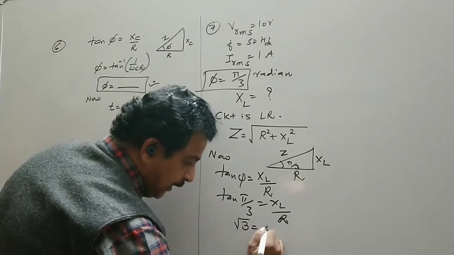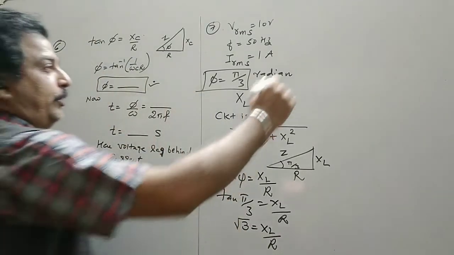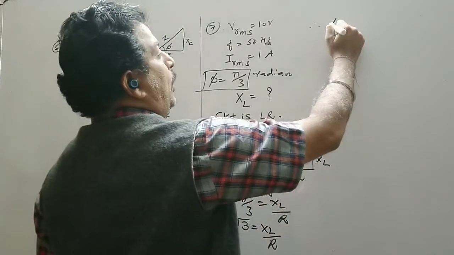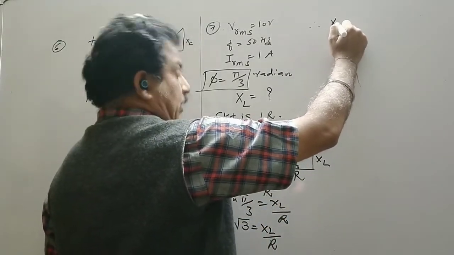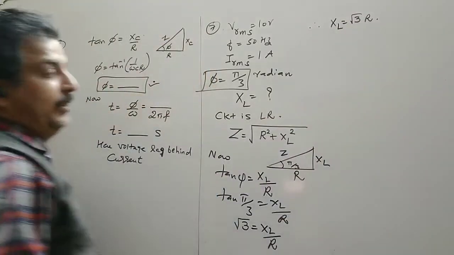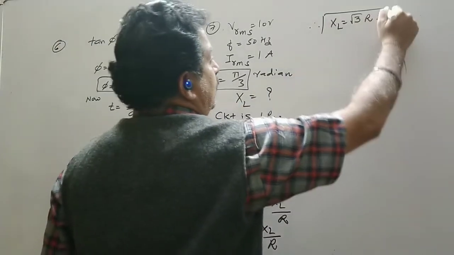So root 3 is equal to XL upon R. Therefore, we got a relation between XL and R. So XL is equal to root 3 times R. So this is the first relation.